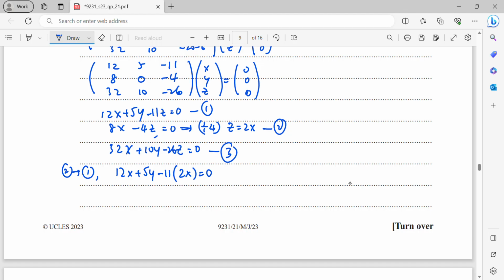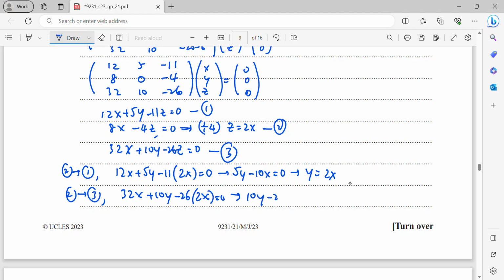Then from here, I will get 5y minus 10x equals to 0, which means my y is going to be 2x. Then now I substitute second into third. So when I substitute second into third, 32x plus 10y minus 26, the z is 2x, equals to 0. Then from here, I will get again 10y minus 20x equals to 0, which means I will be getting y equals to 2x as well.